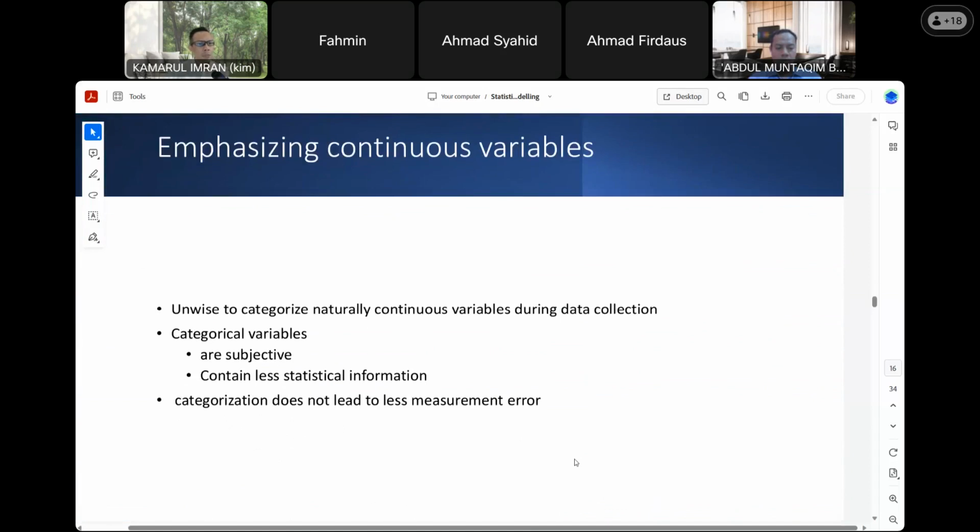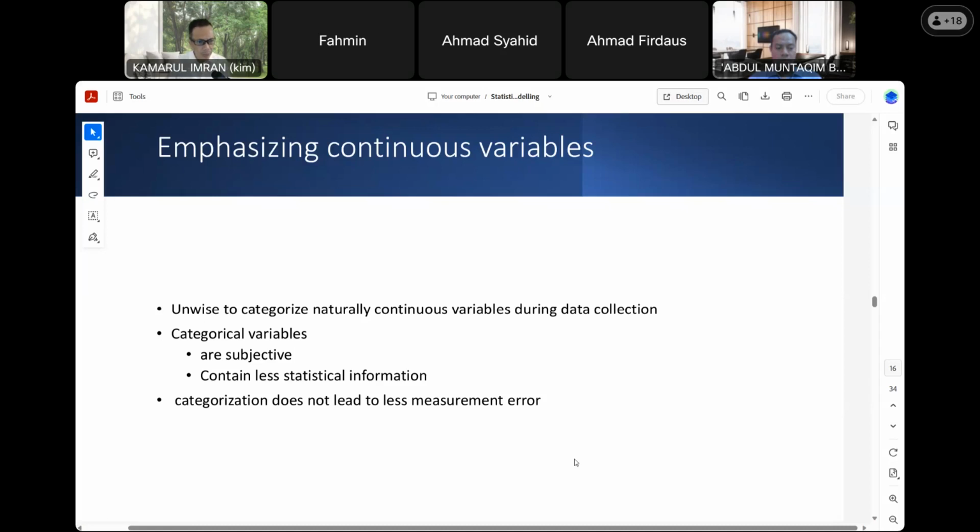Categorizing continuous variables. Again, the hardcore statistician will always say that you cannot categorize a continuous variable. Say it three times, you cannot categorize a continuous variable, right? Because when you categorize, your selection of cut-off point is subjective. And when you cut off the value, you have lost some information.